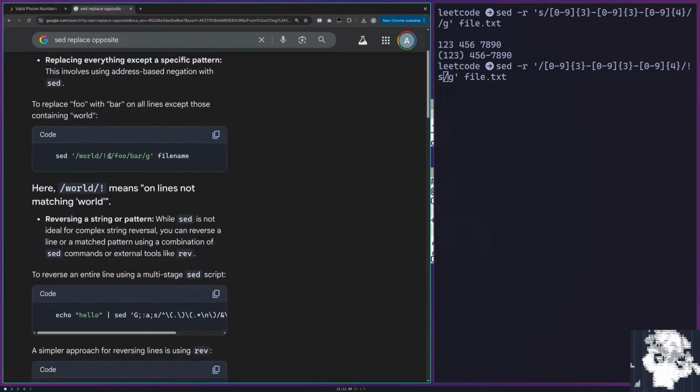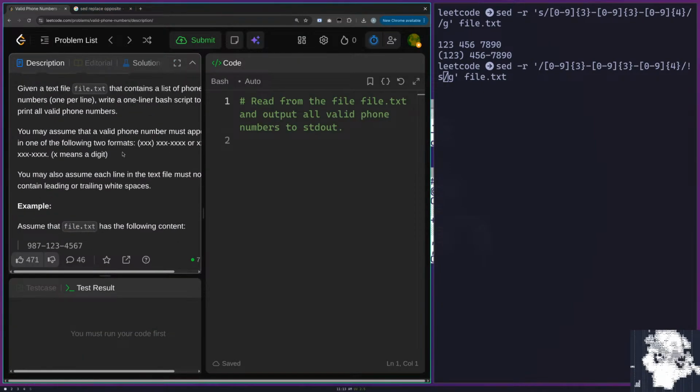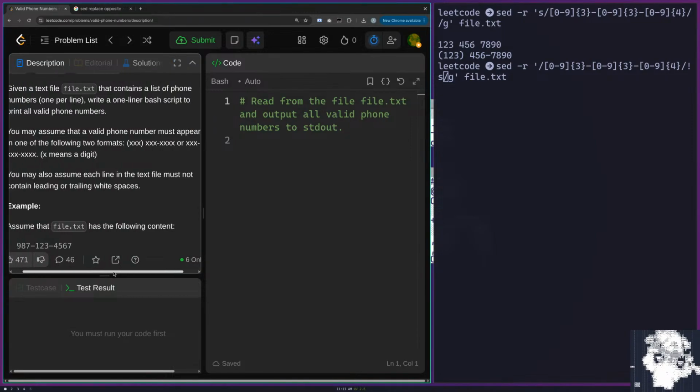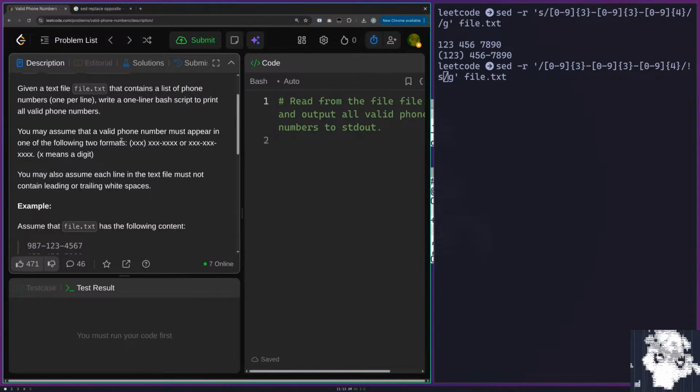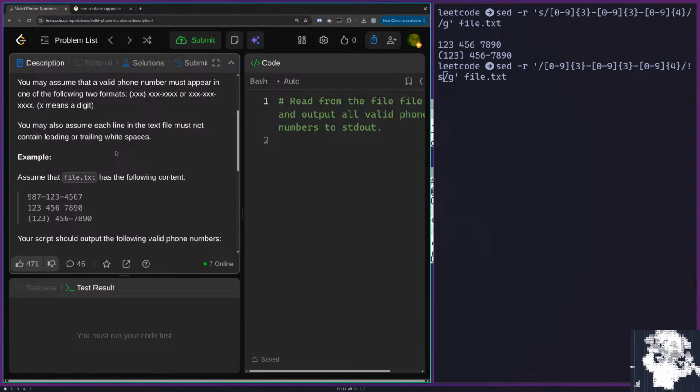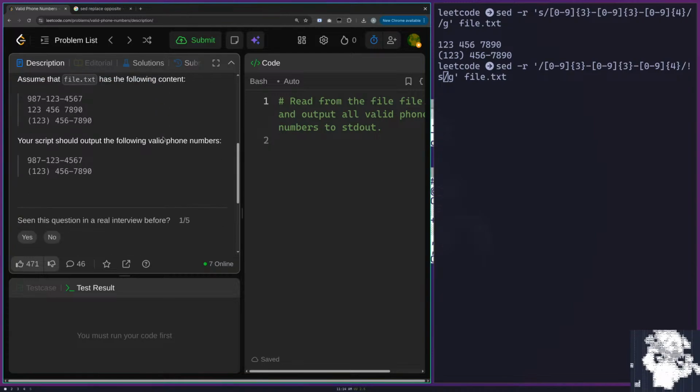It's that I want to get rid of everything. How did they phrase it exactly? A list of phone numbers, one per line. Oh, must not contain leading or trailing white spaces.